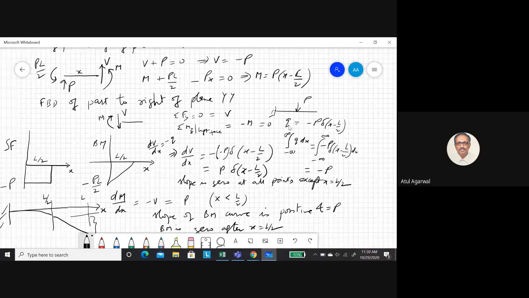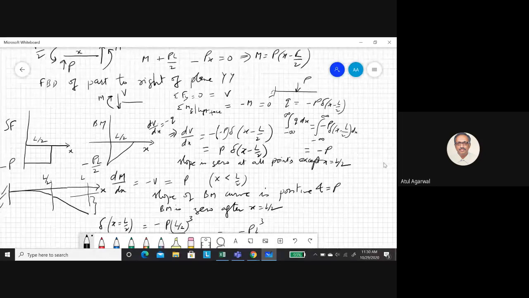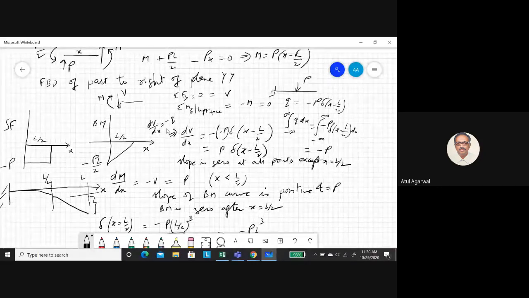So this loading intensity is all right. This kind of a representation. Now you see dV by dx is equal to minus Q. This relation I had derived, I think. So dV by dx is equal to minus Q, and what is your Q? Minus P Dirac delta of x minus L by 2.